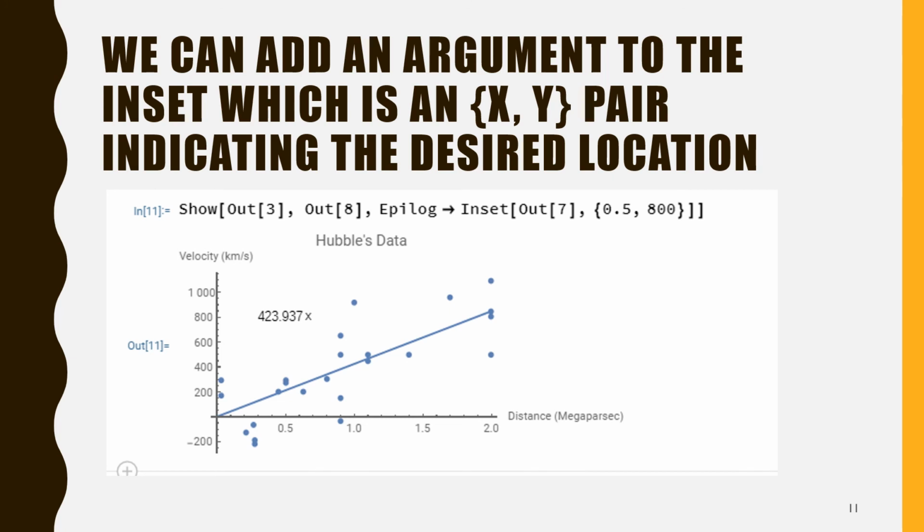I've chosen here an X of about 0.5. So if you go on the x-axis and see where 0.5 is, you'll see that the equation is above it. And then I chose a y of 800. So if you go vertically to a value of 800, you'll see that's where that equation is displayed. So the middle of that displayed equation is at the point 0.5, 800.